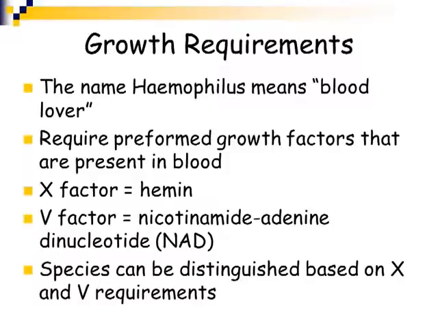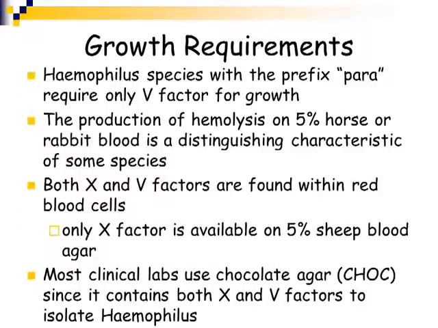Now, the thing about these growth factors is that it's one way to distinguish the various Haemophilus species, based on whether they require hemin or X factor, NAD or V factor, or both the X and the V factor. So the Haemophilus that have the prefix para usually only require V factor for growth.